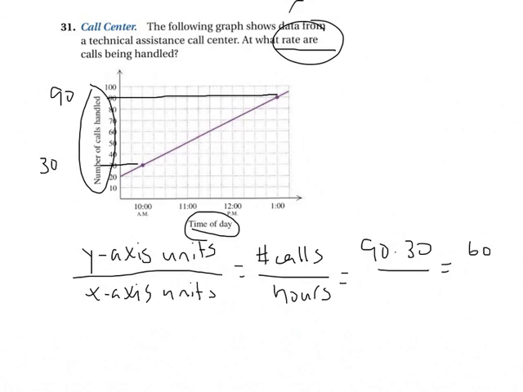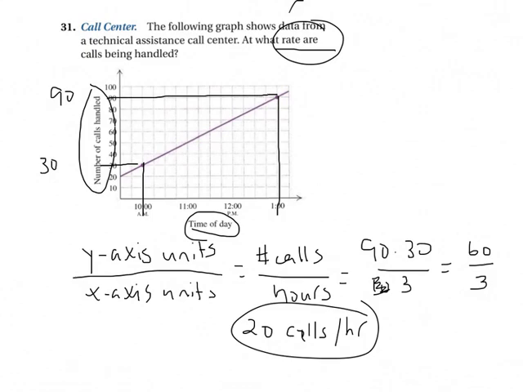So there are 60 calls that are handled between 10 in the morning and 1 in the afternoon, which we know is 3 hours. So 60 calls over 3 hours, we do the division, and we see that they are handling, on average, 20 calls per hour. And that's how we deal with rates.